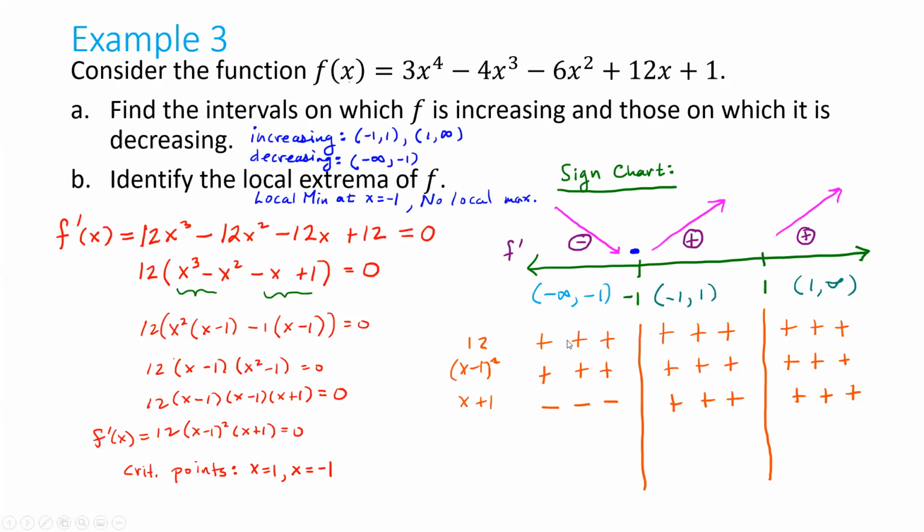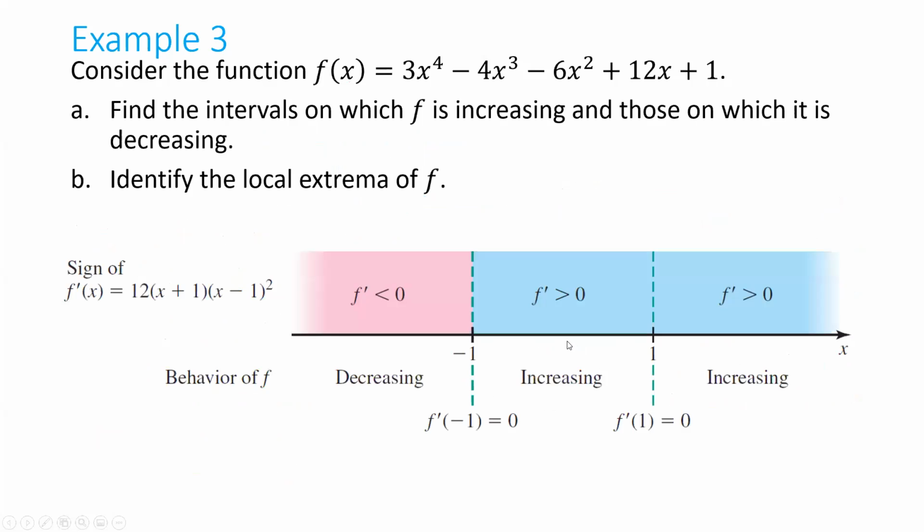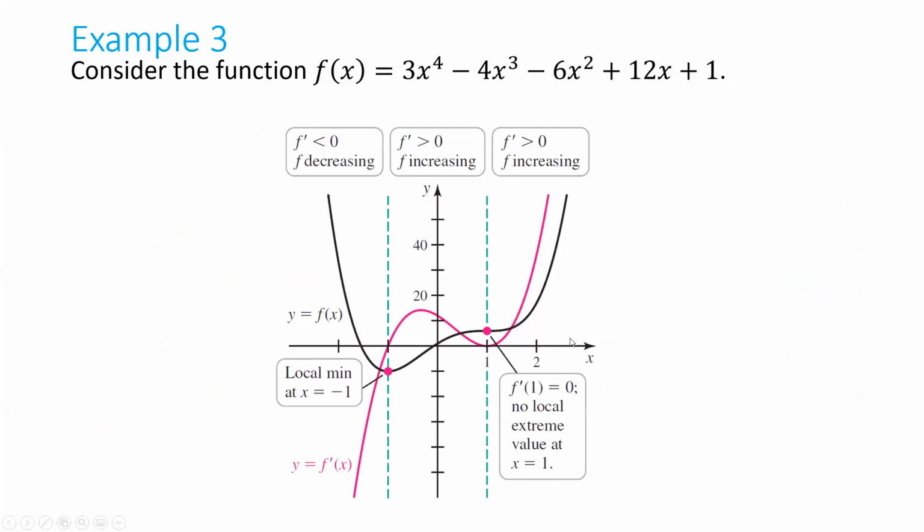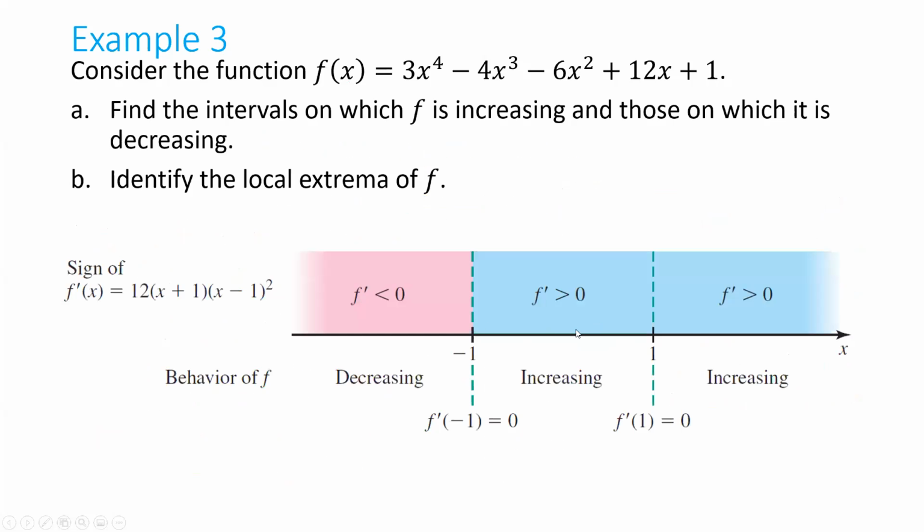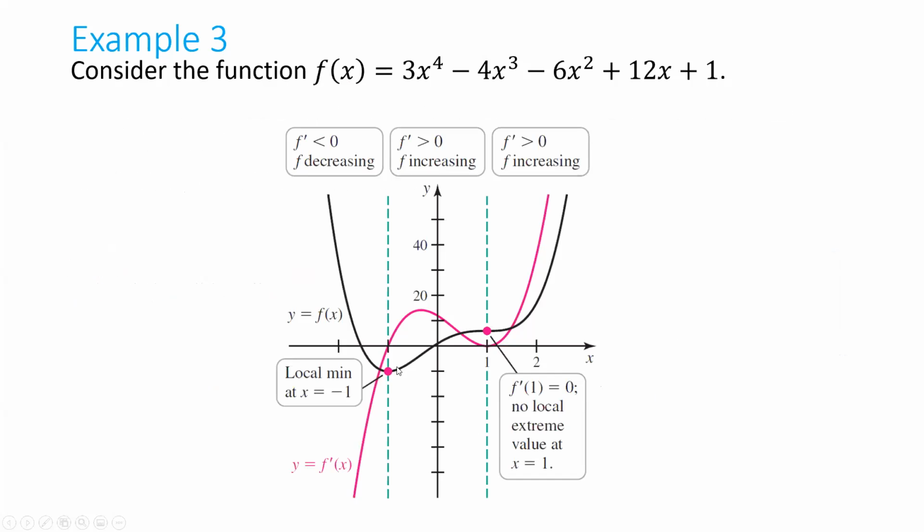Okay, and here I think I have a picture of the graph somewhere. So that's just our sign chart, the same sign chart that we made, right? And here's the picture of the original f in the black, and then f prime is the one in the red.